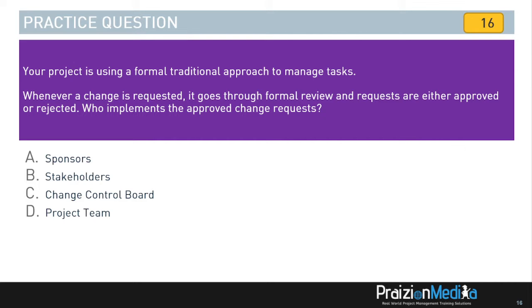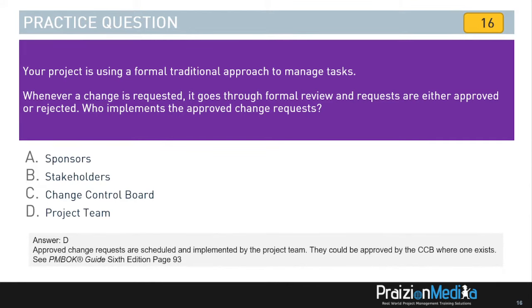The answer to this question is option D, project team. This makes sense. The change control board might approve a change request. The sponsor may also be involved in the decision. The stakeholders may somewhat be involved, but who carries out the request? It's the project team. Let's move on to our next question.